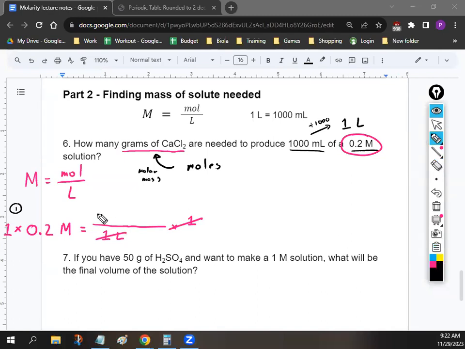So your moles of CaCl2, all you have to do is multiply both sides by 1. And so if you guys do that, 1 times 0.2 is going to be 0.2. So your moles of CaCl2 is equal to 0.2.